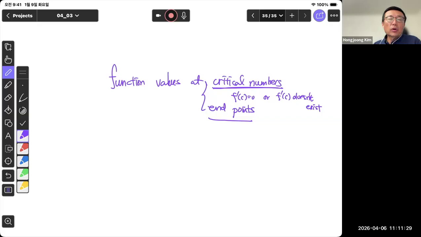And that's what you want to find in many real world problems, right? So identifying the local maxima or local minima is important.